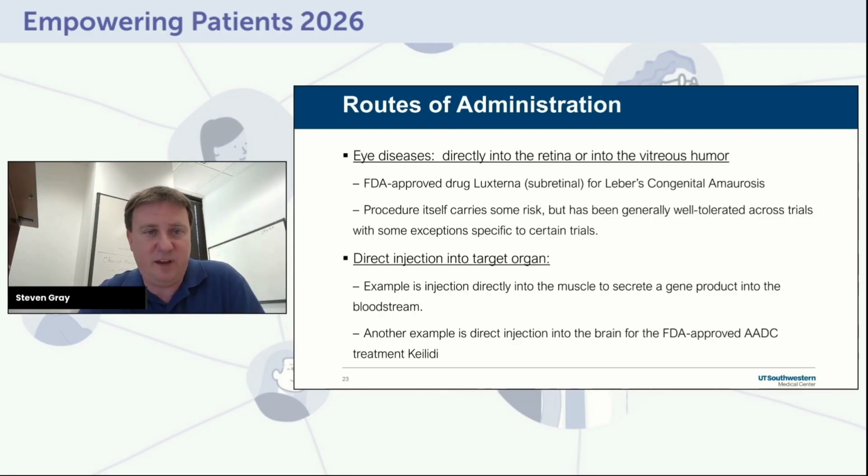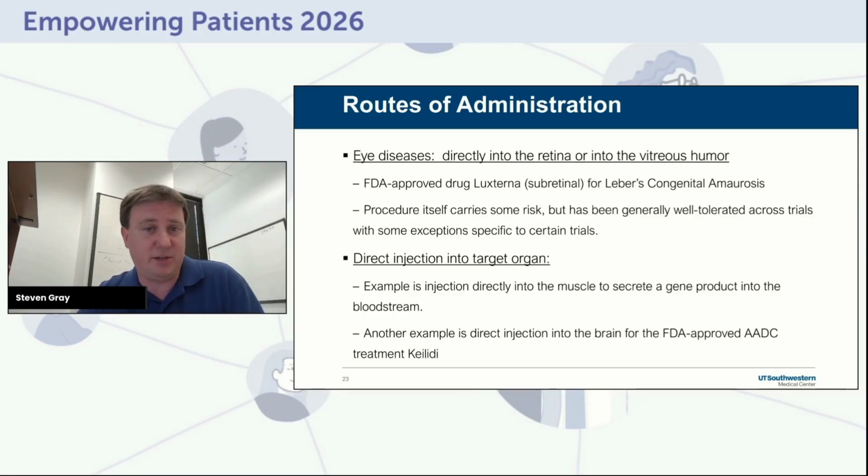The procedure itself carries some risk. There have been some instances of inflammation or transient retinal detachment, but generally this has been well tolerated across trials. But there have been some exceptions.